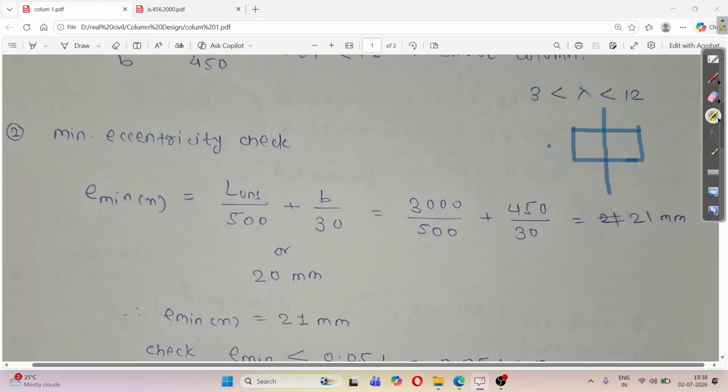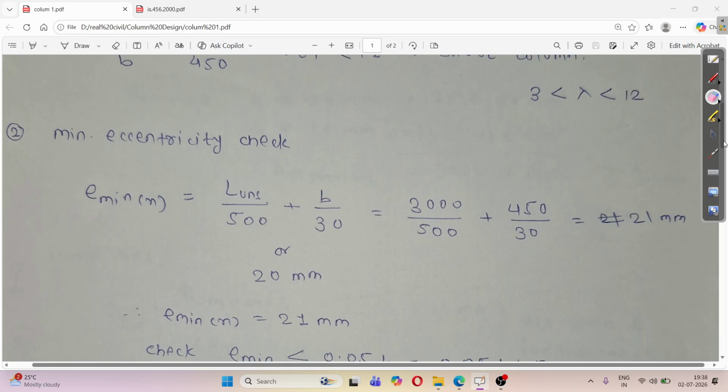So this is the y axis and this is the x axis, this is our d and this is our b. So for x direction we have to consider the perpendicular dimension, that is b, and for y direction we have to consider the perpendicular dimension, that is d.